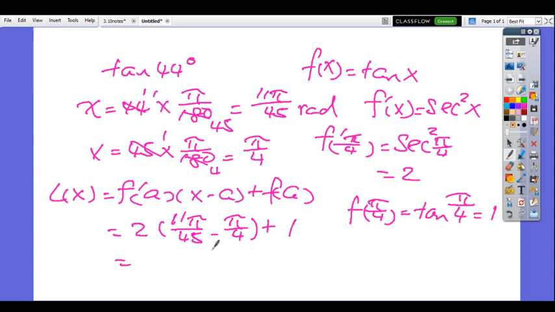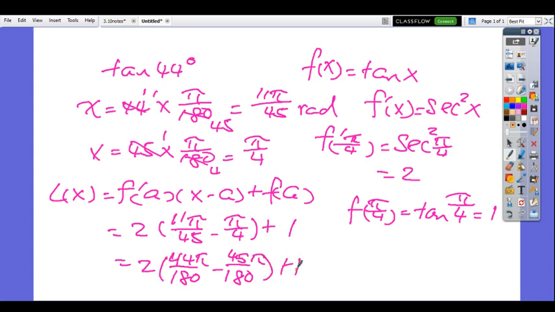And then the rest of that is just simple subtraction. Okay, it's all about pre-algebra. So find the least common denominator of 45 and 4. That would be 180. So convert that to 180. So this one, you end up with 44 pi over 180 minus 45 pi over 180.